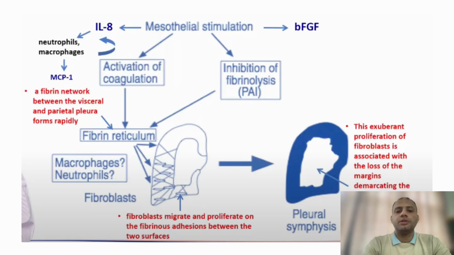And mesothelial stimulation inhibits fibrinolysis, which helps in fibrin stabilization of the fibrin reticulum. Ultimately, the fibroblast migrates into the fibrinous reticulum, and the adhesions between the two surfaces happen.